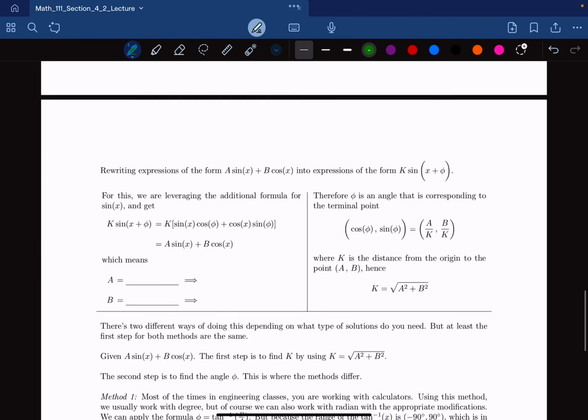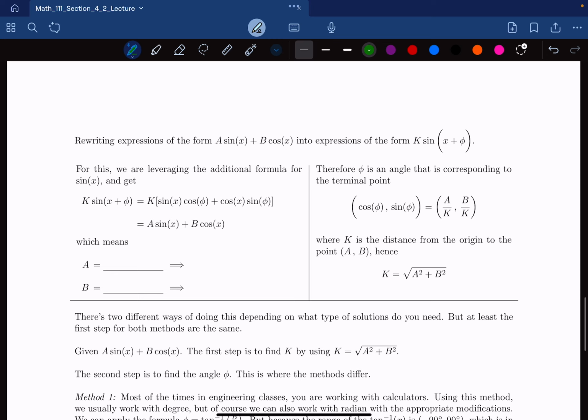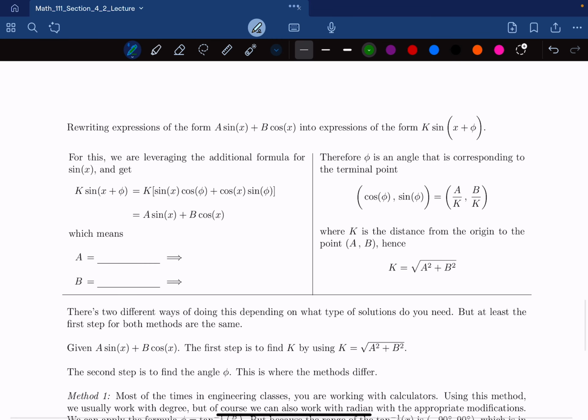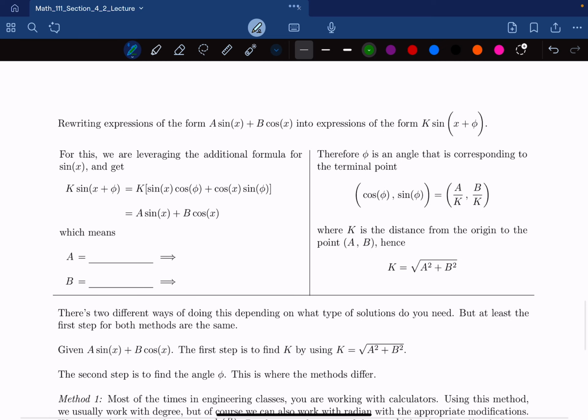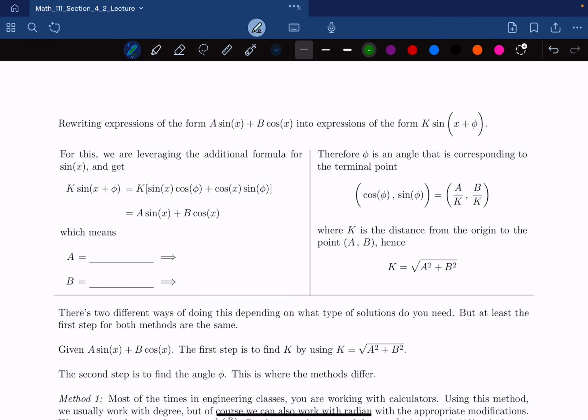Now, this is the last thing we're going to do, and it's part of why this particular section is extra important, even though it's not the longest section that uses the various identities.